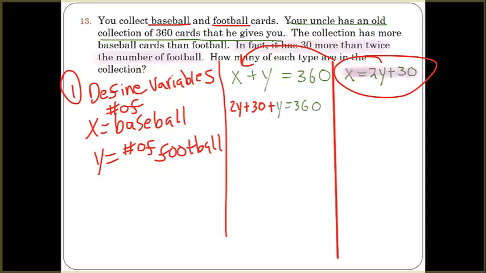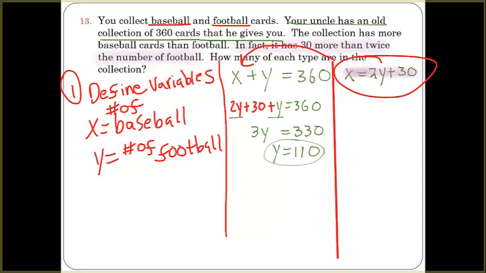I got this little part here I'll erase. And then you solve like you normally would. You got 3y equals, I'm going to actually subtract the 30, so I get 330. Divide. Notice I'm not showing the division and the subtraction because you've had Algebra 1. You know or should know how to do that. So it's just one of those things that is a time saver.